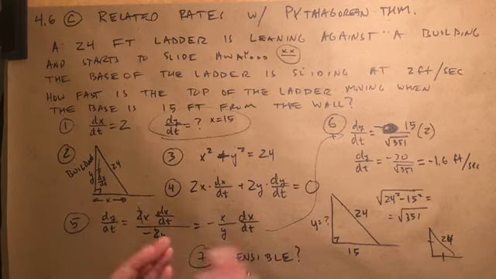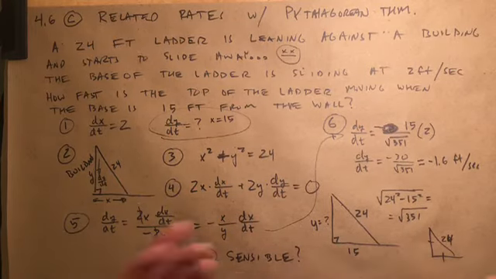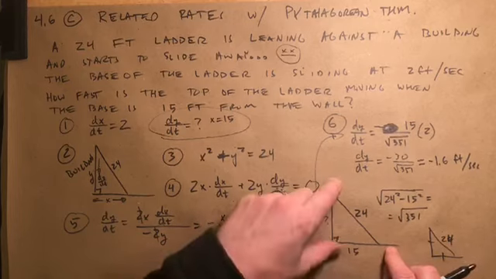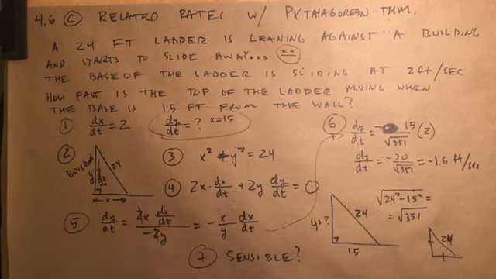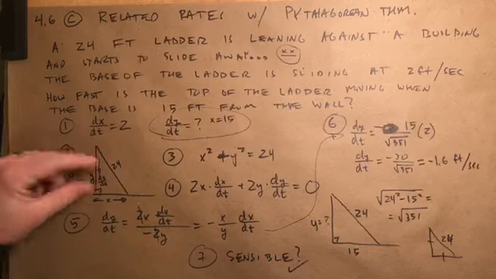The fact that the x is bigger makes sense to me that this is getting bigger and this is getting smaller a little bit slower. Okay, so I think yes. I also like the fact that we got that negative answer, and sure, that height is decreasing.